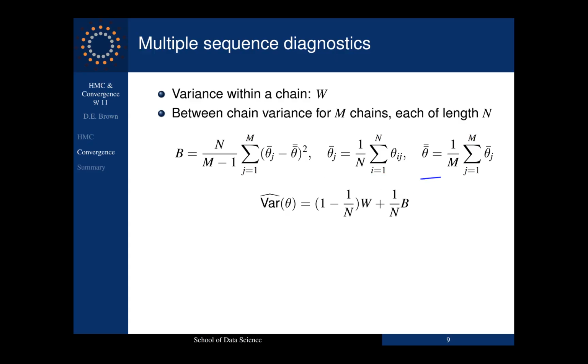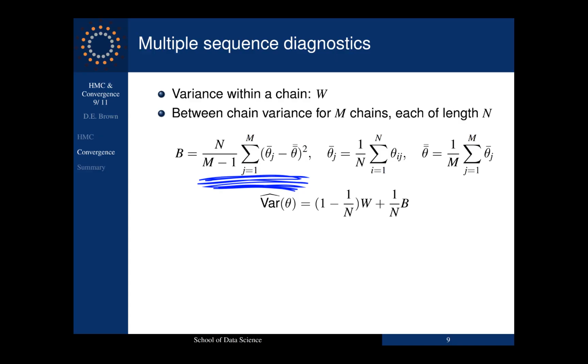Okay, and then we compute the average of each one of those averages, and that's just summing them up and dividing by m, and in our case, m is 4. So with those two, we have theta bar and theta double bar. Then we just compute the squared difference between them over each one of the chains, dividing by m minus 1, which gives us the sample standard deviation.